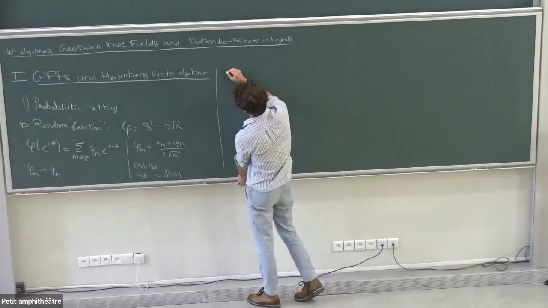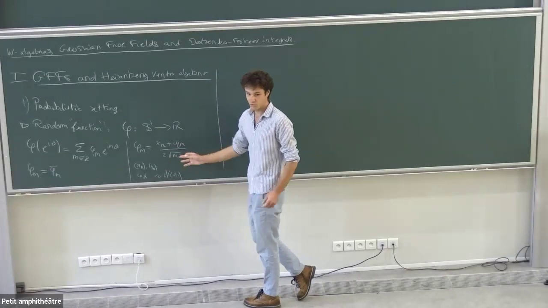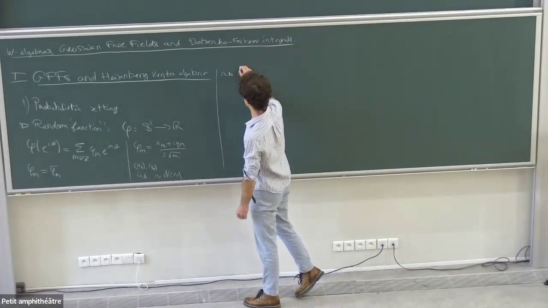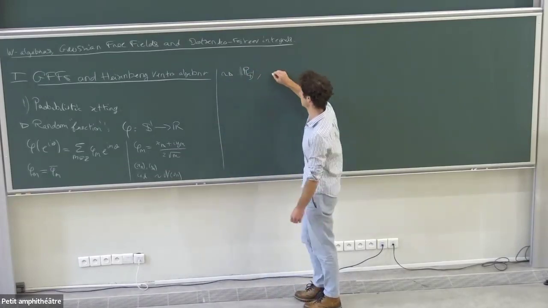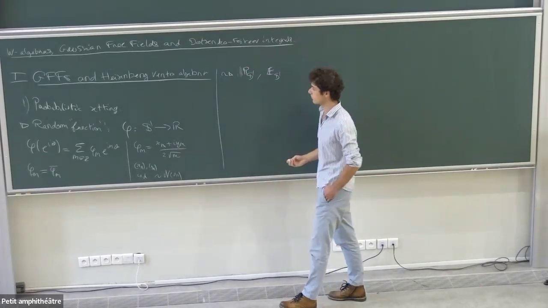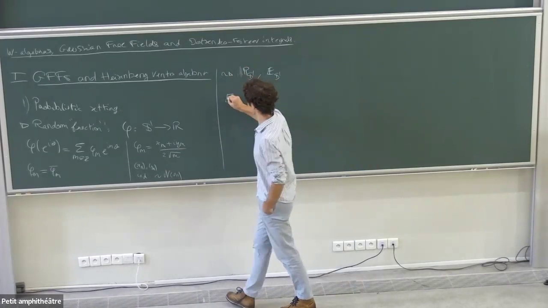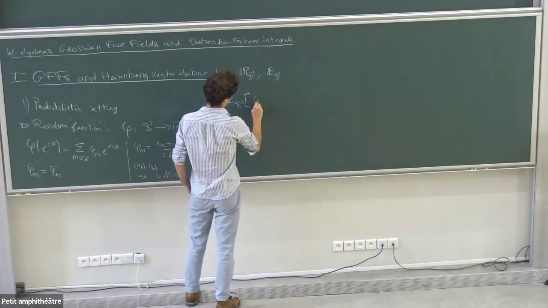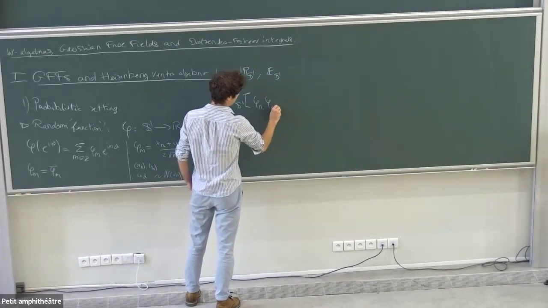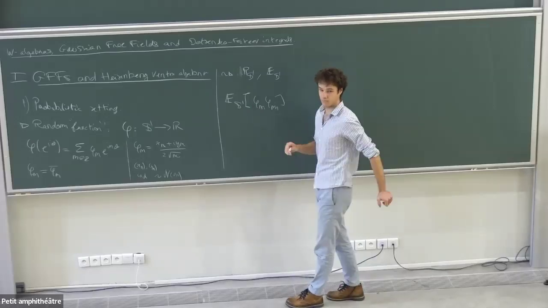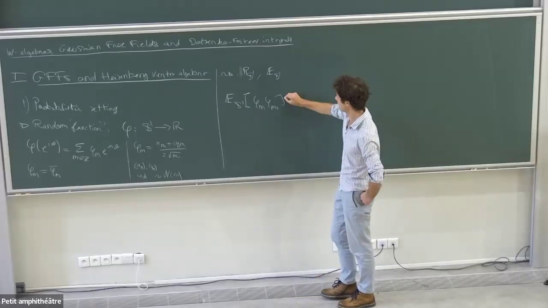So, for instance, you have a probability measure associated to this, which I call P S1, and you have an expectation that I denote E S1. If I want to compute the expectation of phi n phi m with respect to this probability measure, what is it?